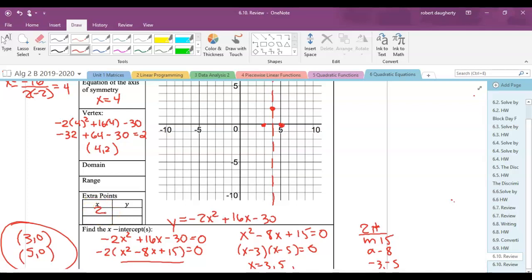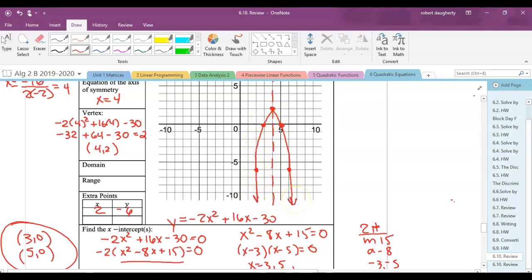When x is equal to 2, this gives me negative 8 plus 32. 32 minus 8 is 24. 24 minus 30 is negative 6. So when x is equal to 2, I get -6, which is right down here, which means I get this point right here. So I should be good enough to graph this guy now.